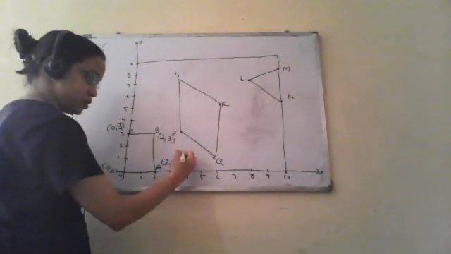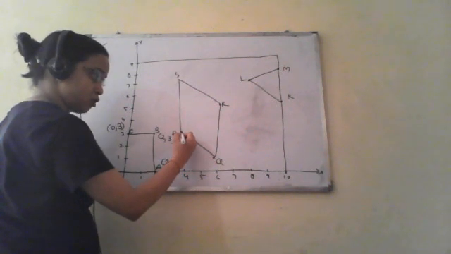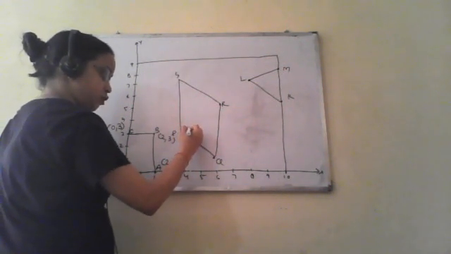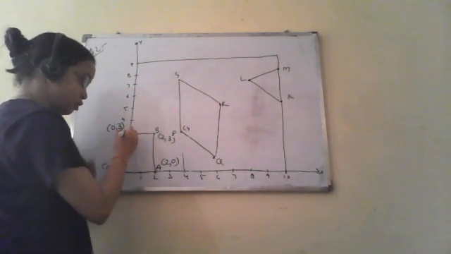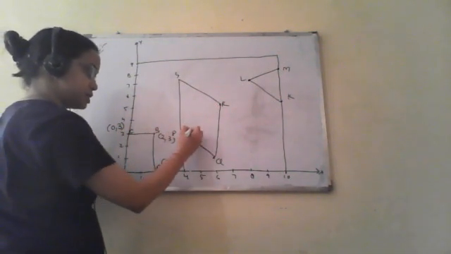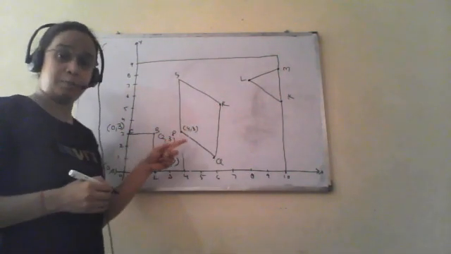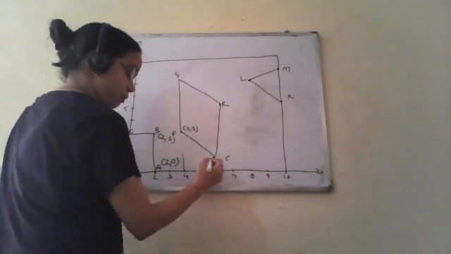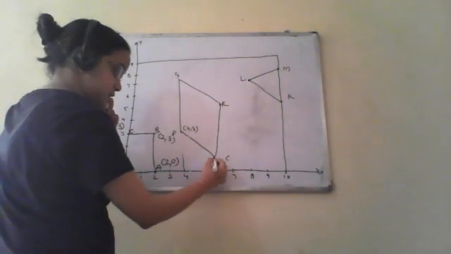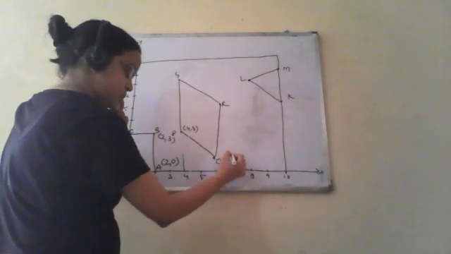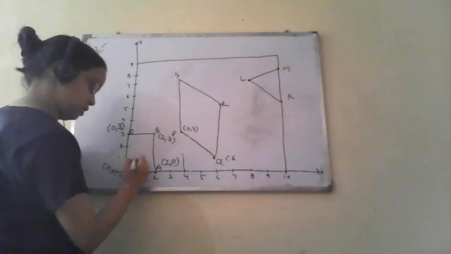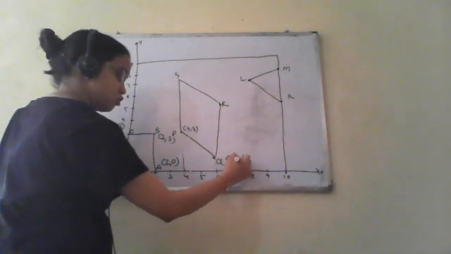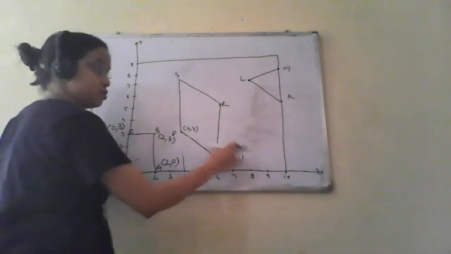Okay, now this figure PQRS, we start from P. If we drop a perpendicular on the x-axis, the x coordinate is 4, and if we draw a perpendicular on the y-axis, the y coordinate is 3. So the coordinates of point P are (4, 3). Now for Q, drop a perpendicular on the x-axis, this is 6, so the x part will be 6, and on the y axis it will be 1. So coordinates of point Q will be (6, 1).